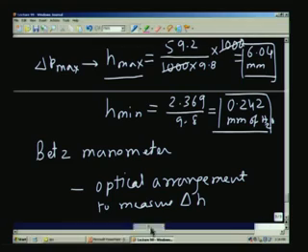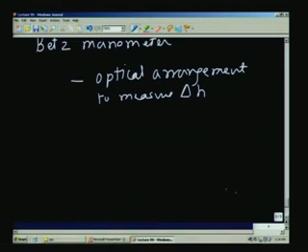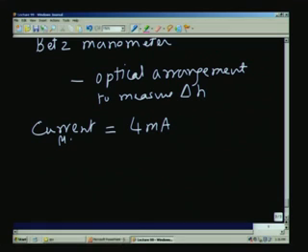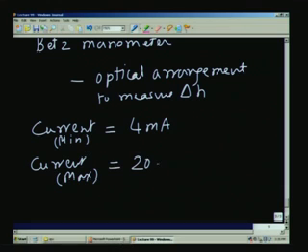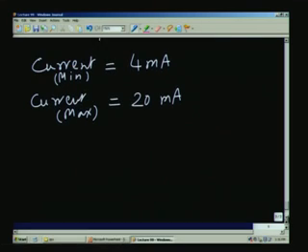So, we have the current minimum equal to 4 milliamperes, and the current maximum equal to 20 milliamperes, and I am using a 500 ohm resistance. So, we can simply use Ohm's law.